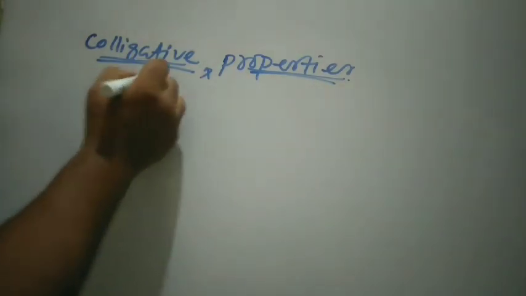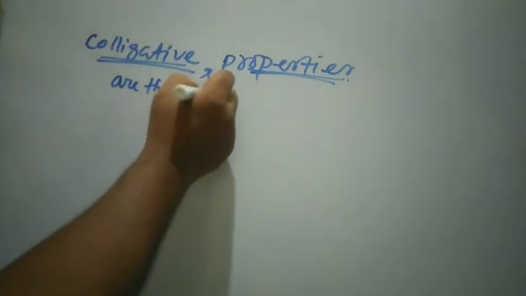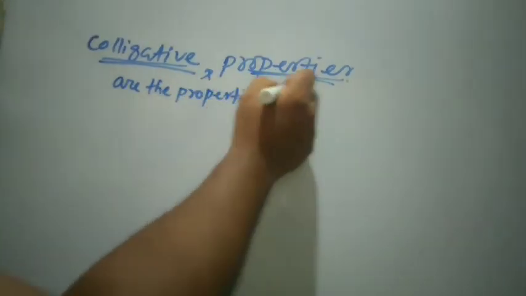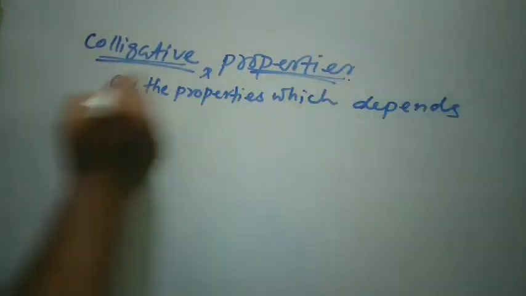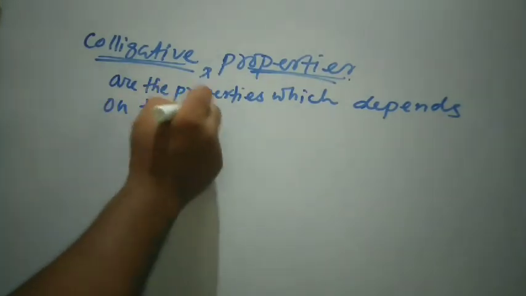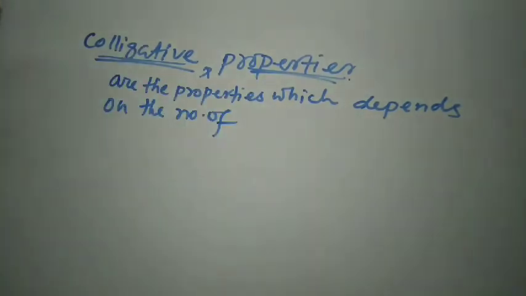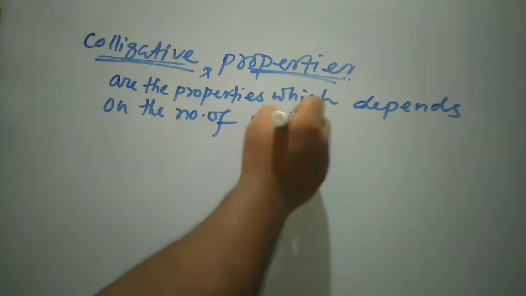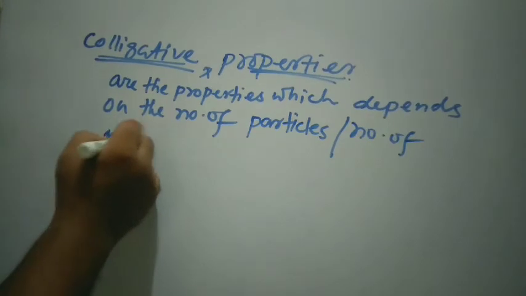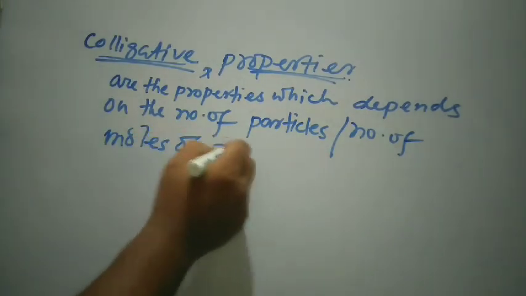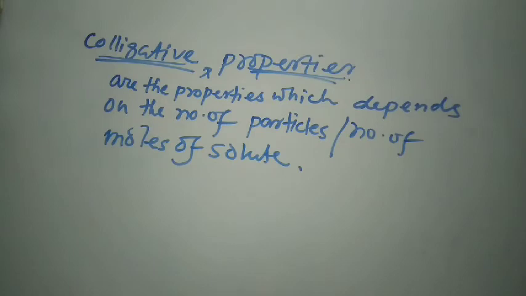What is colligative property? Colligative properties are the properties which depend on the number of particles or number of moles of solute.